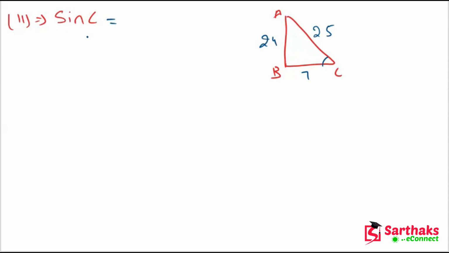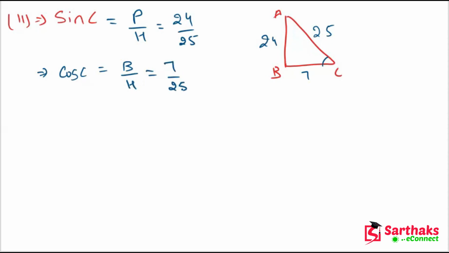Sine is perpendicular upon hypotenuse, means 24 upon 25. And cos C is base upon hypotenuse, means 7 upon 25. This is our answer. So this is the method to find the trigonometric ratios. Okay, so now let's move on.